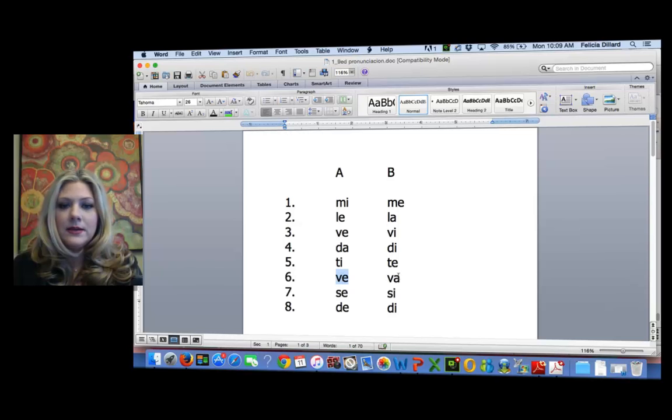This is be. This is ba. Y número 7, sí. Sí. Esta palabra es se. Y número 8, di. Di. Esta palabra es di y esta palabra es de.